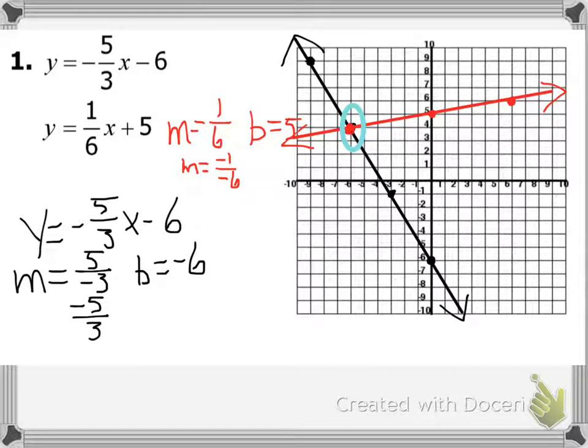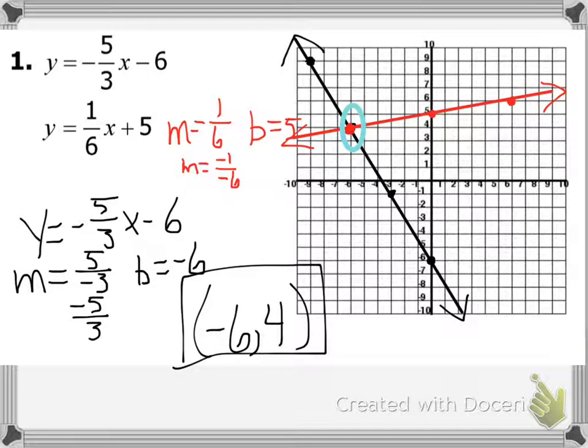Does everyone see that? So that'd be -6, comma 4. And that would be my solution. Any questions on that?